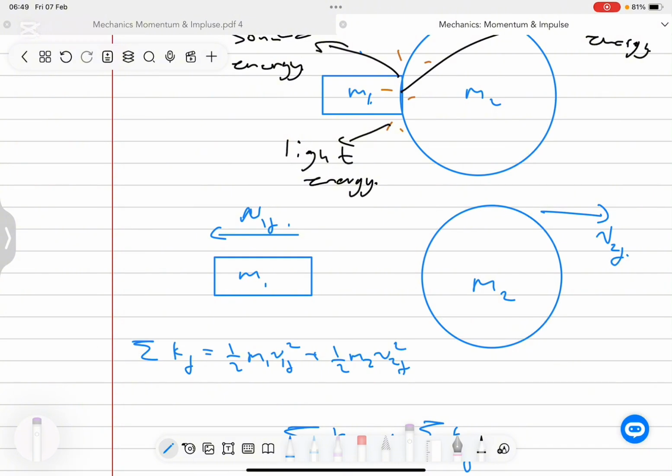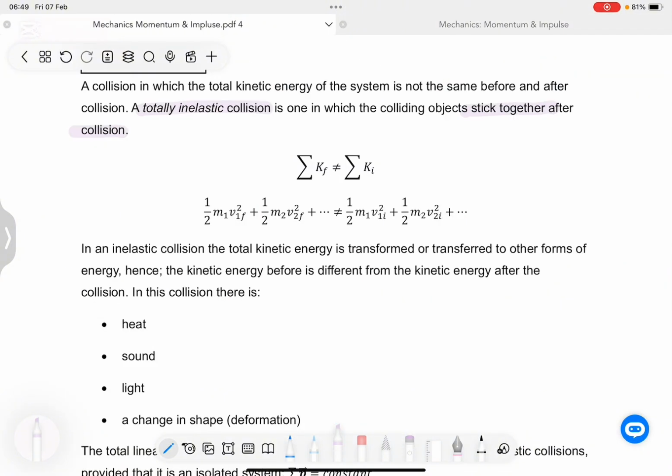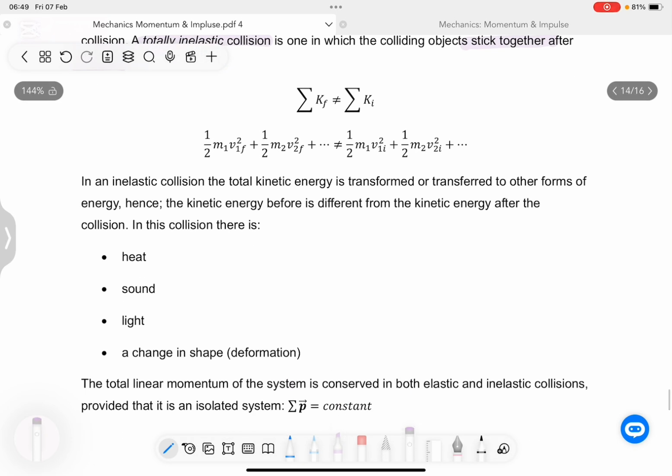When that happens, we call that a totally inelastic collision. It's completely inelastic, and in that collision, definitely all these characteristics we should see: we should hear sound, there will be some form of heat energy, light, and also a change in shape, because for objects to combine and stick together, they must change shape and become one thing.